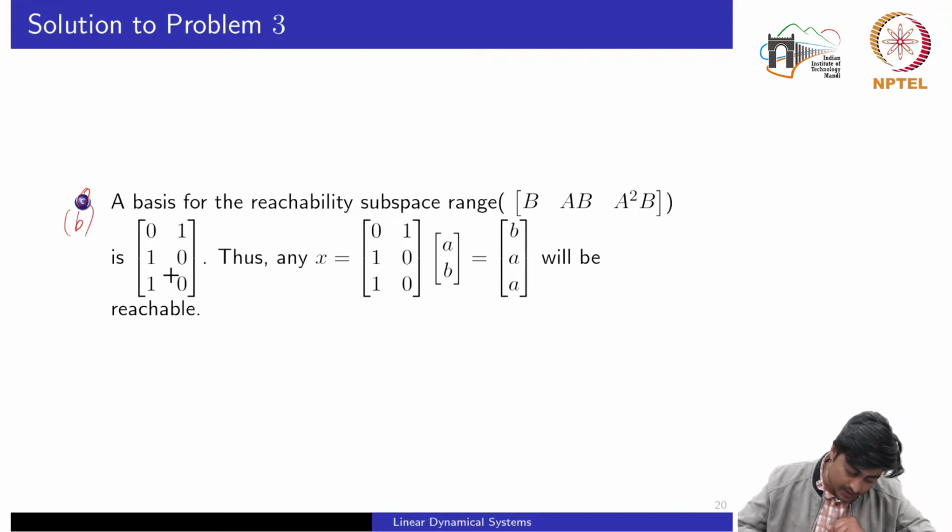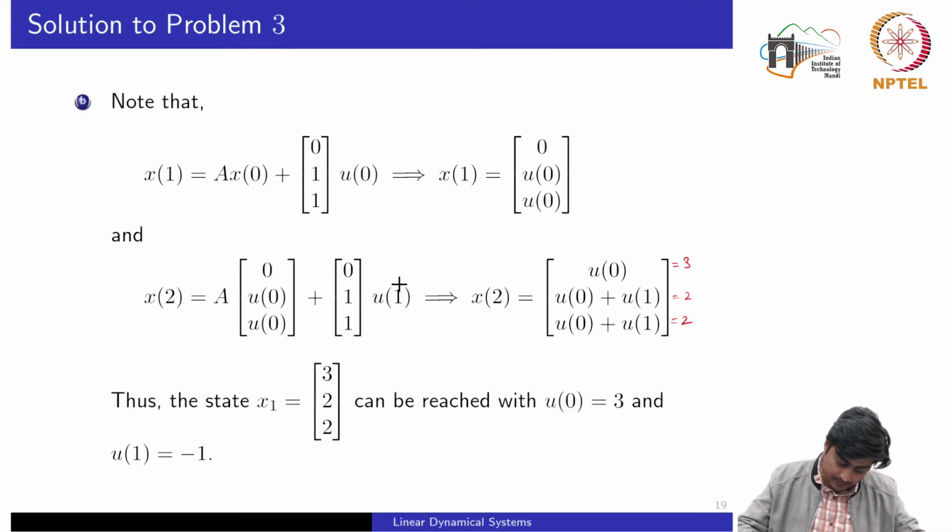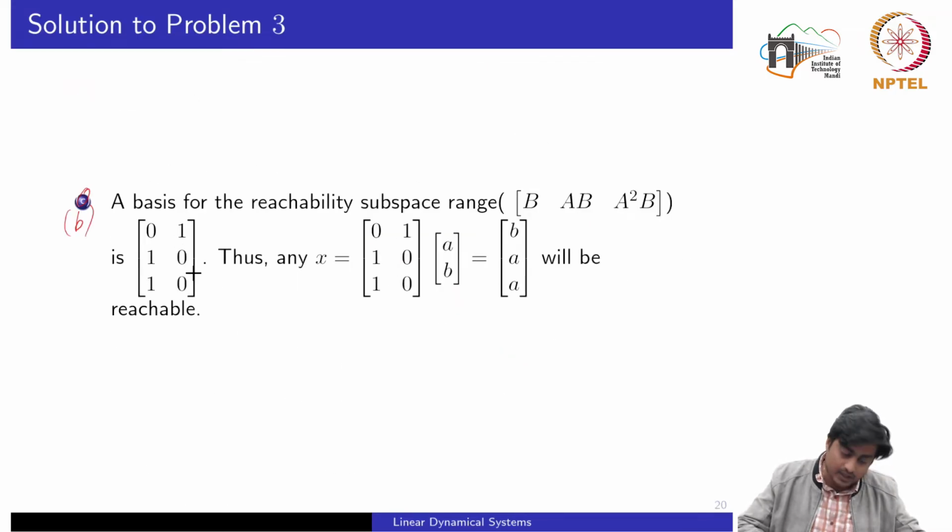Now choosing this as a basis, the first one is the 0 1 1 element, and another we have chosen such that it becomes linearly independent with the first vector. So substituting this here, we see that all those x's which have this arrangement will be reachable.